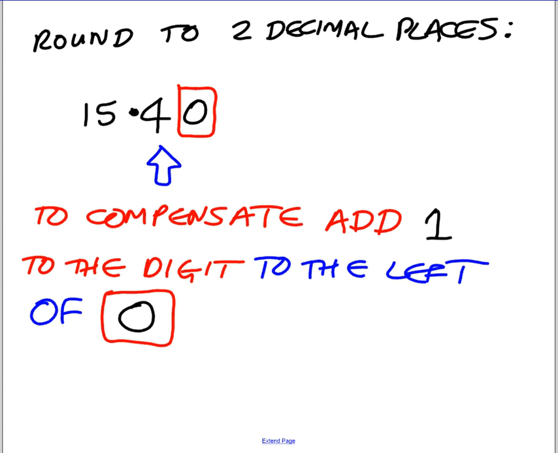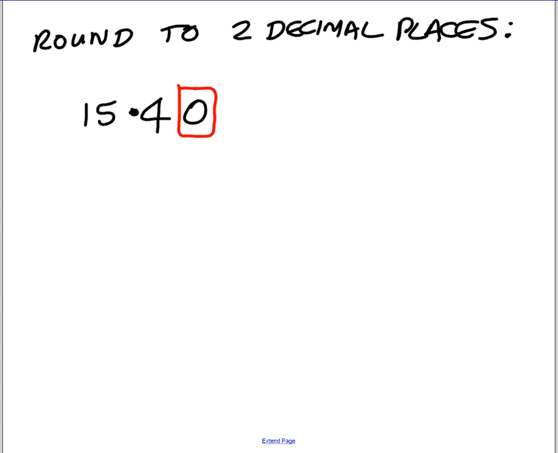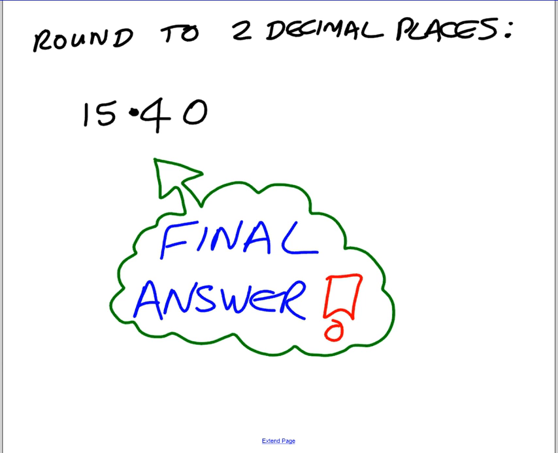So 9 always gives you a wee problem, but I'm showing the solution there, so we can get around it. So that is my answer to 2 decimal places, and hopefully it will be your answer in the future. That is the final answer.